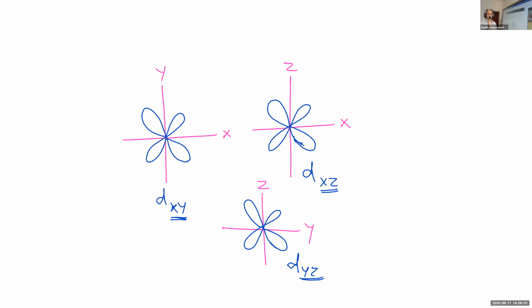If it is xy, you label the axes x and y. If it is xz, you label the axes x and z. If it is yz, you label them y and z. And the electrons will be moving along the surface of the double dumbbell, say along this surface.